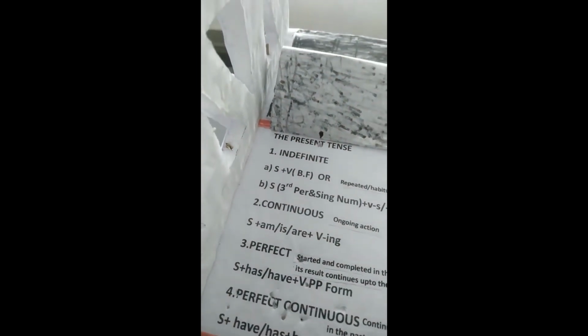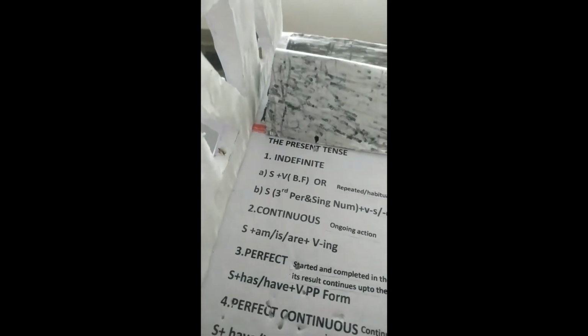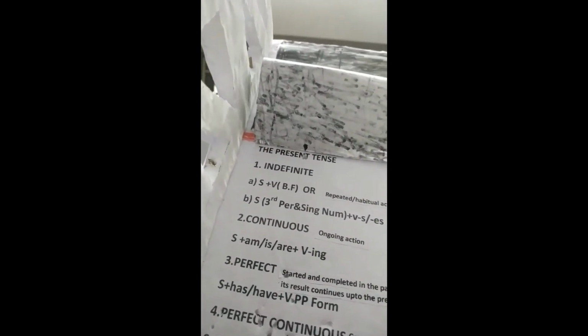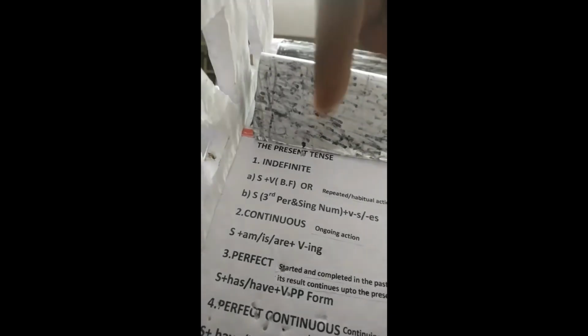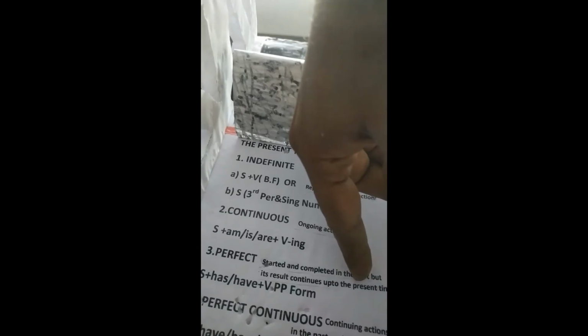Now come to the next category or division of the present tense, the perfect tense. The perfect tense is a kind of tense where the action starts and completes in the past, but its result continues up to the present time, okay?